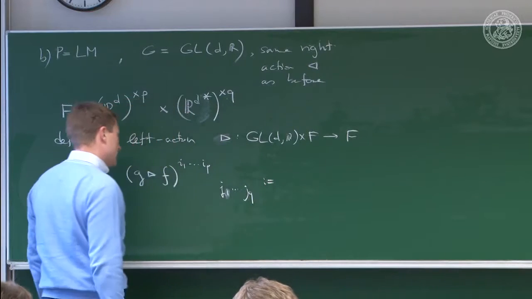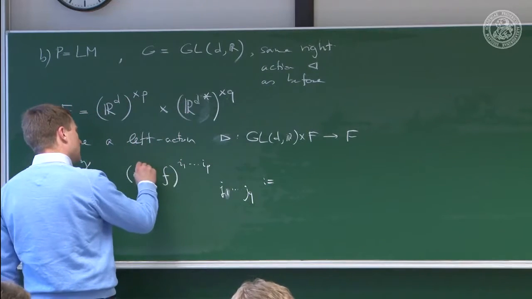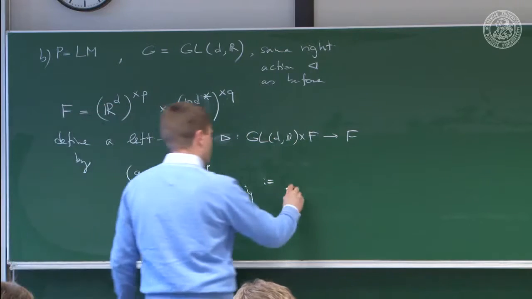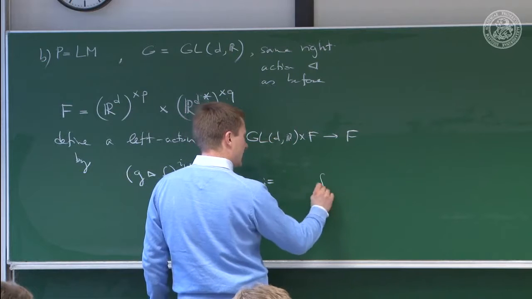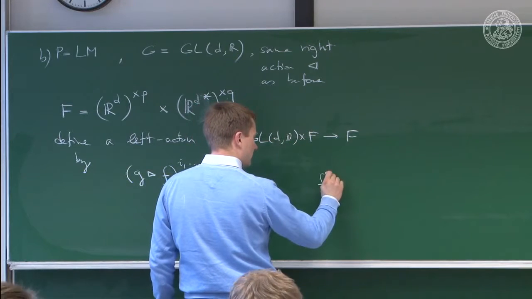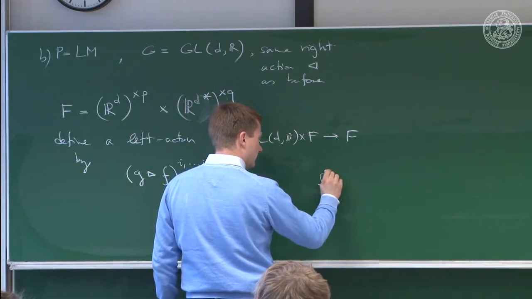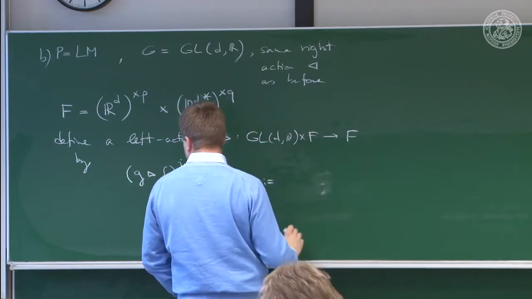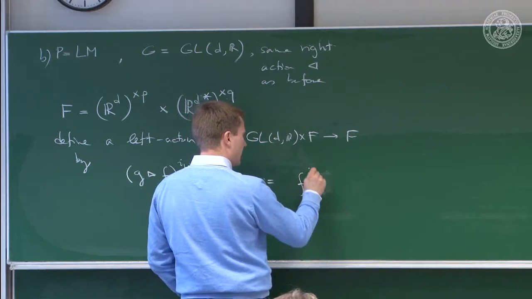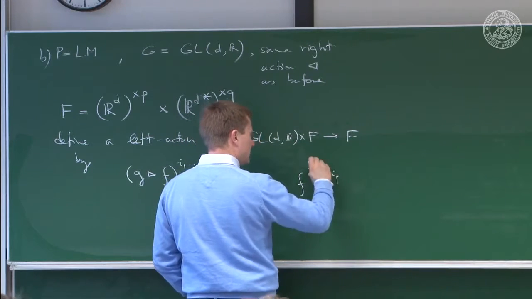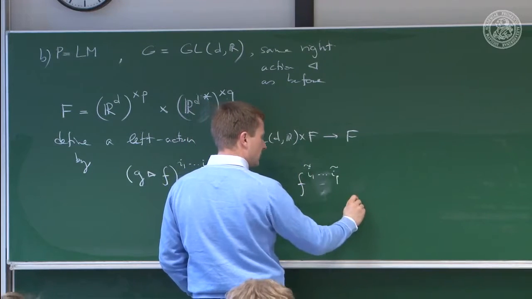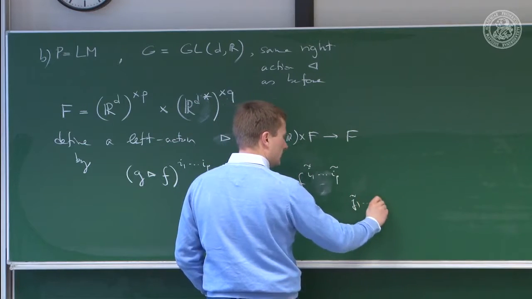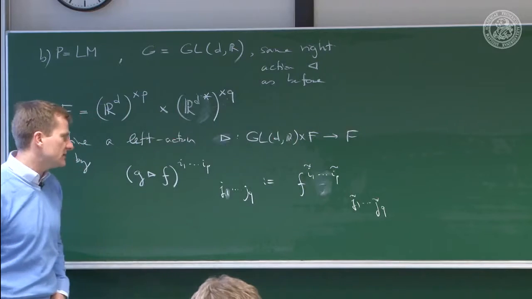And we define this as, and in order to make it simpler, well, it doesn't matter. I can just now take the f. Yes. So this is the f with indices i_1 to i_p, all indices twiddled, and j_1 to j_q, all the indices twiddled, so they're different indices.